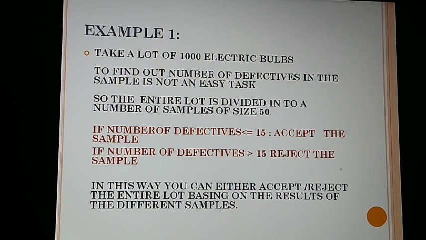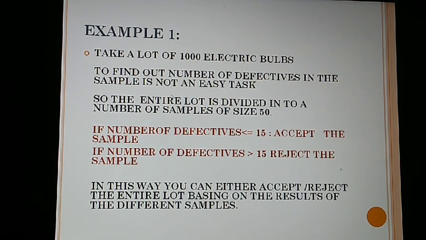Hence, these 1000 electric bulbs are divided into samples of size 50, so that each becomes a sample of small size, and you can find out the number of defectives from that sample.